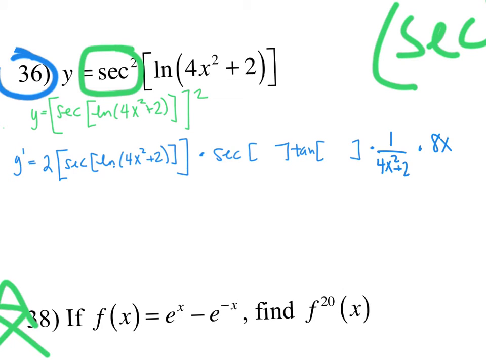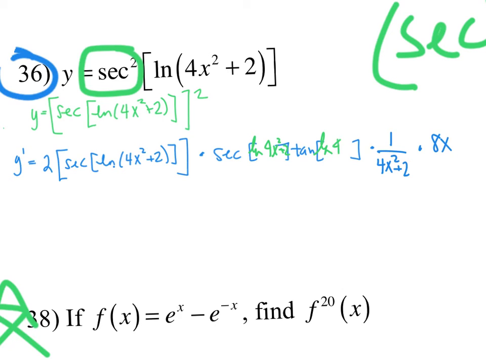Wow. All right, so that's where we are at. Now we just need to simplify this. Let me write these ln's here: ln of 4x squared plus 2.